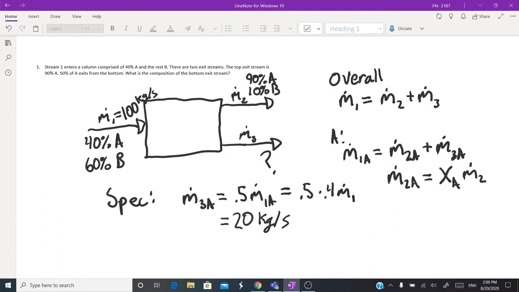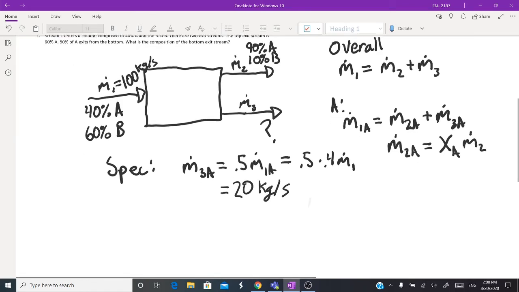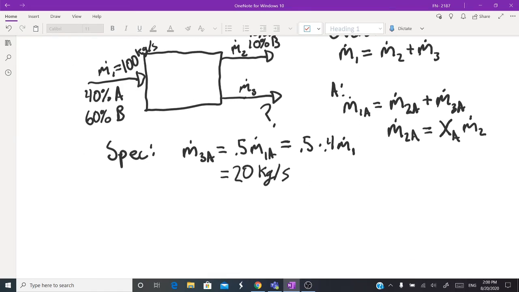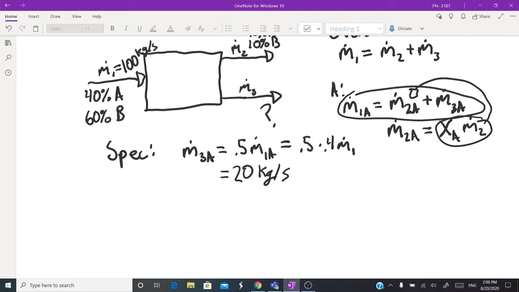Because M3A is 20 kilograms per second, and we know M1A, we can solve for M2 using this A balance. I'm going to substitute this in.